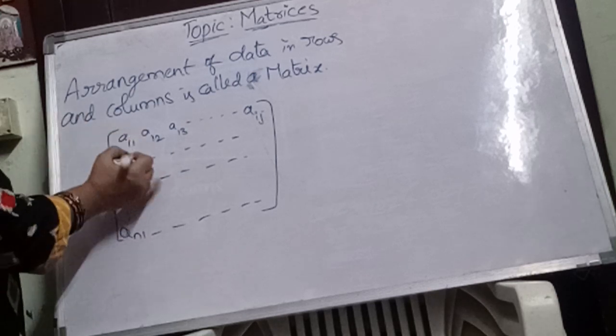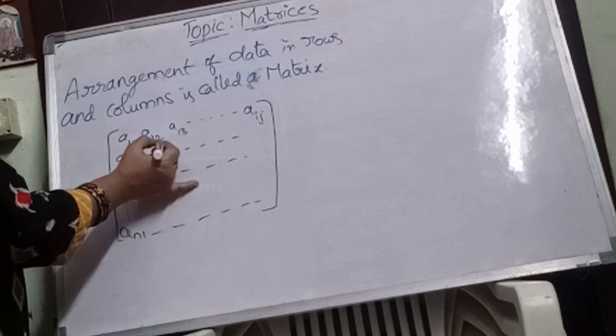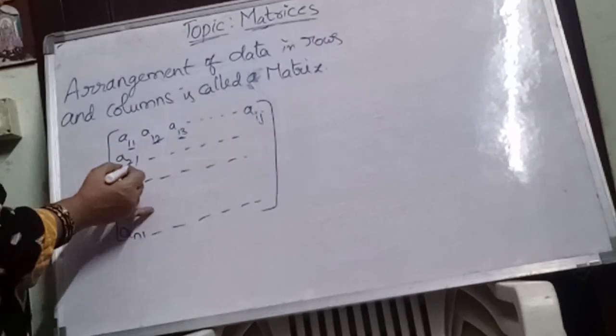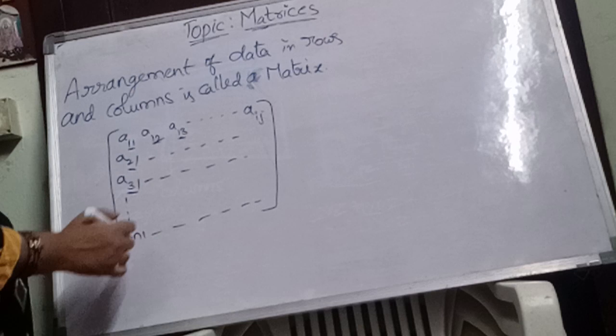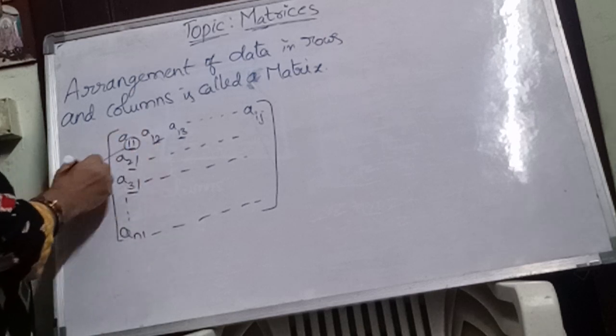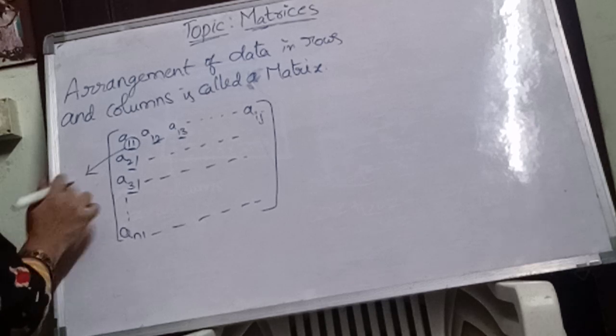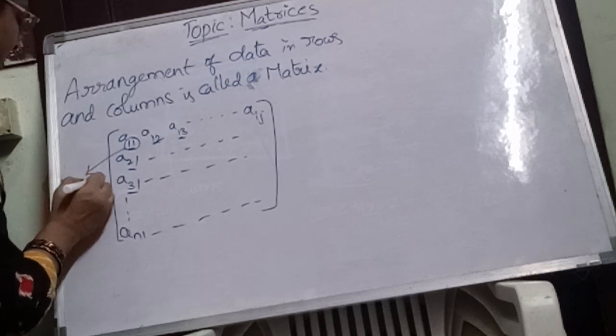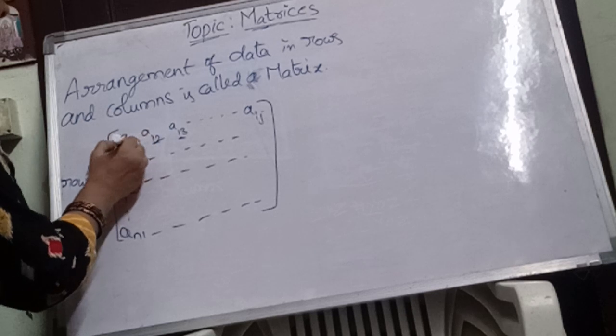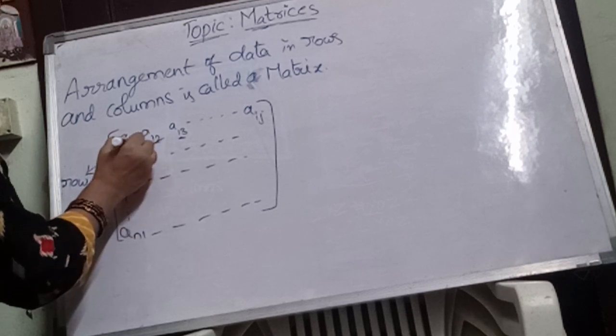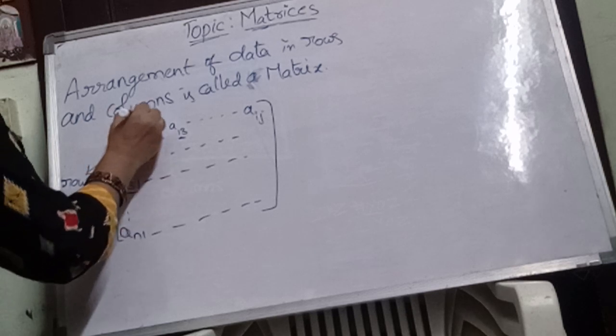Here if you observe, we are writing subscripts 1 1, 1 2 and so on, here 2 1, 3 1 and so on. What is this? This is nothing but the row number, and this one is the column number.